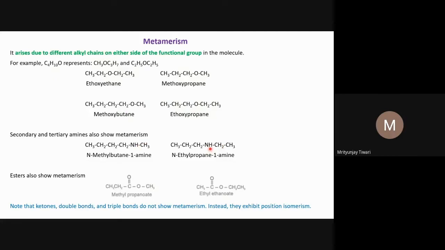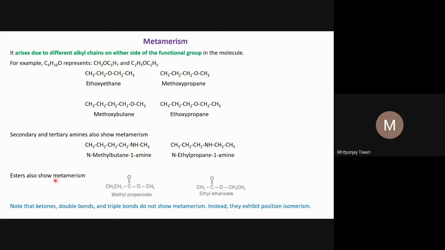C5H12NH means one can write it as CnH2n+2NH, the general formula of secondary amines. As they show metamers, both compounds have the same molecular formula, but the alkyl groups attached to the functional group are different. You can see their carbon chain length is different, so they are metamers.